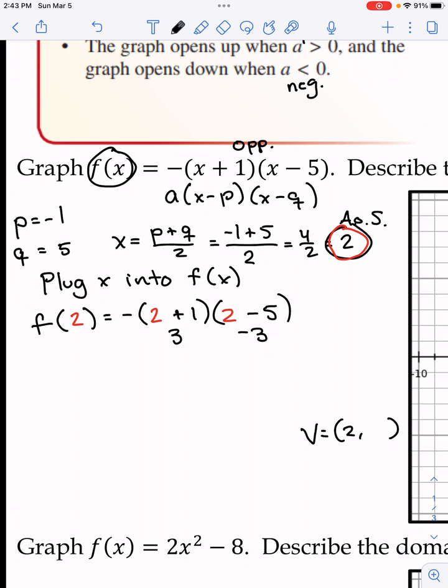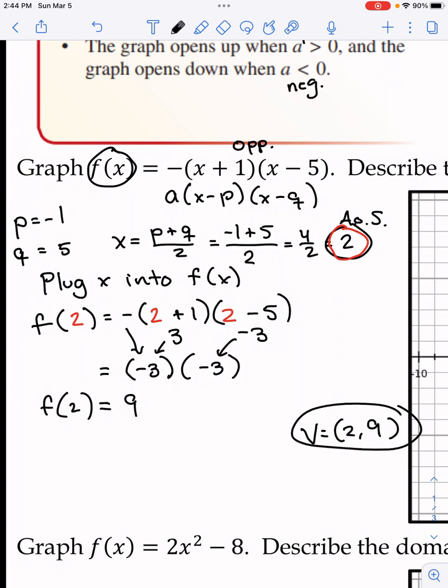Keeping the negative, we're trying to figure out what's negative 3 times negative 3. It's a positive 9. So we have f of 2 equal to positive 9. So our vertex is 2 comma 9.